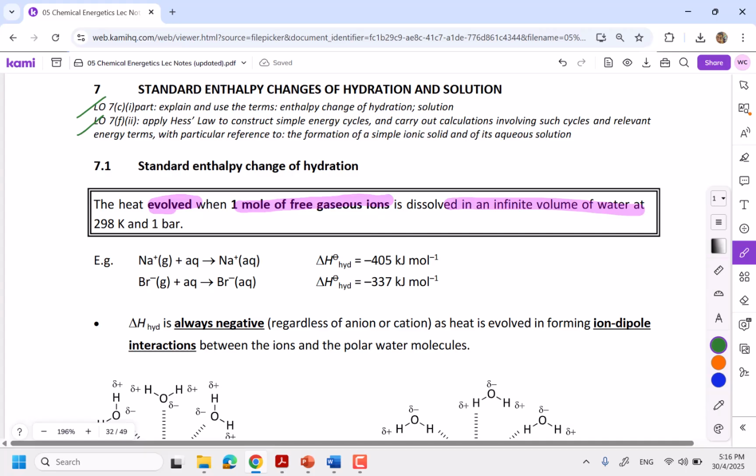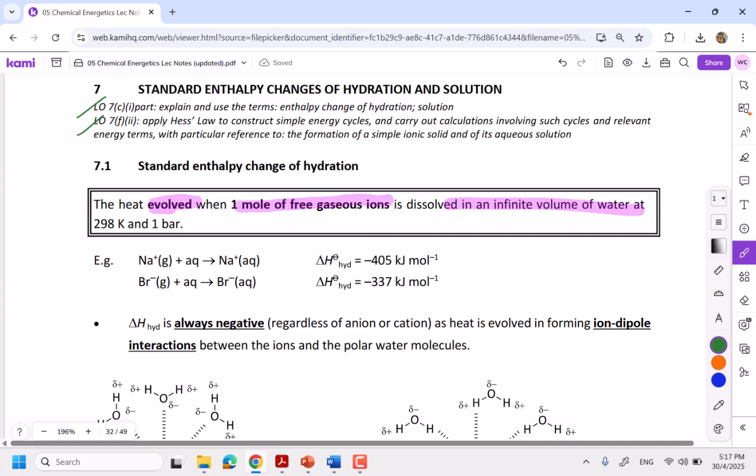So when you put it in the water, the delta minus of water molecules on oxygen will form favorable ion-dipole interaction with the sodium cation in the case of sodium plus, and for chloride it will be the delta plus of the hydrogen in water that will form favorable ion-dipole interaction. So bond formation is exothermic. For standard enthalpy change of hydration, we're expecting it to be an exothermic reaction.